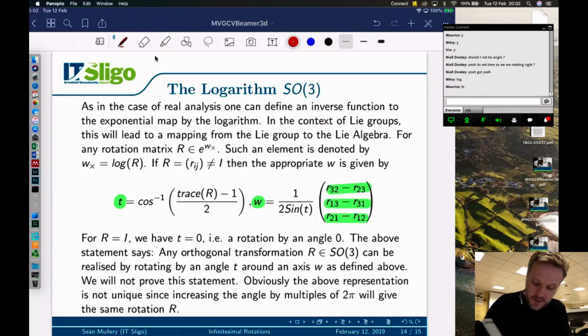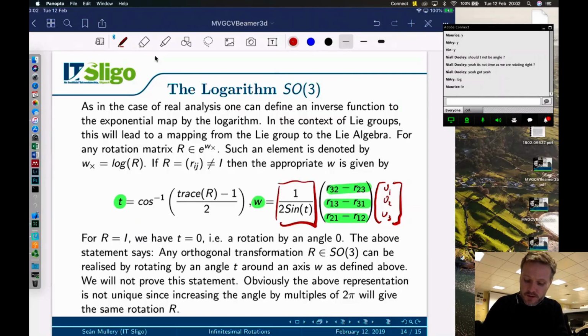As you can see, that's going to land us with u1, u2, and u3, three pieces of information for our vector, and we multiply those by 1 over 2 sine of that t value which we've already calculated. Okay, so that's important, and that plays a part in actually calculating that.